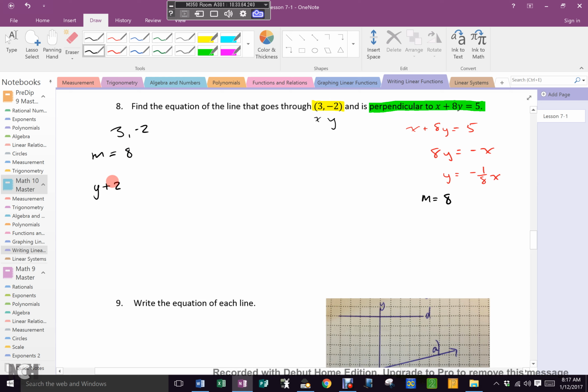Now, guys, all of you have watched me just write positive 2, and Sammy wrote positive 2, but you're all aware of why that is, right? Because the formula is really y minus y1, right? And minus 2 becomes positive 2. Everybody good, right? Okay. Equals m, my slope is 8, x minus, what's my x? 3. And now we're done.